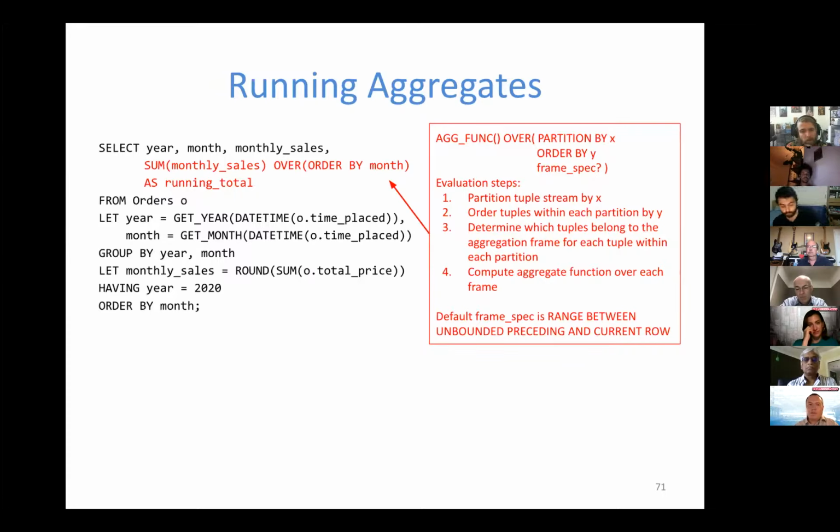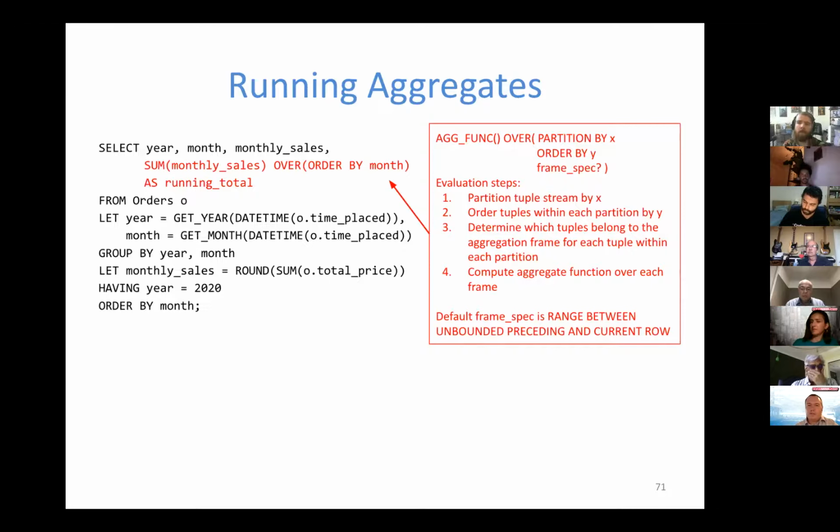The evaluation starts at the first row of a partition and computes a frame of tuples for that row based on the given frame specification. Interestingly enough, the frame may or may not include the row itself, because the purpose of that frame is only to provide the input to the aggregate function. Then the aggregate function runs on that frame and computes the result, which is added to the output.